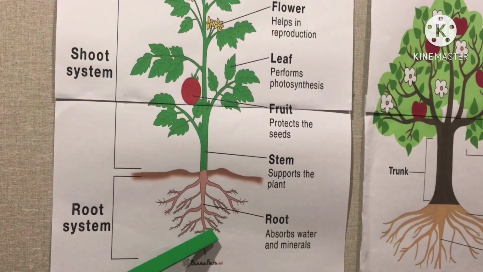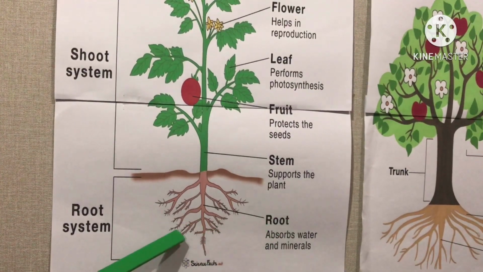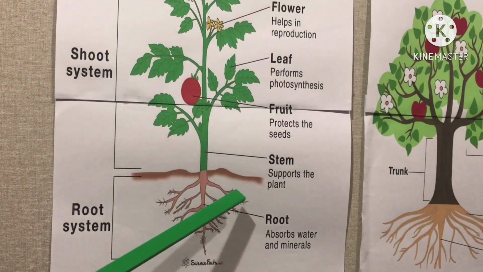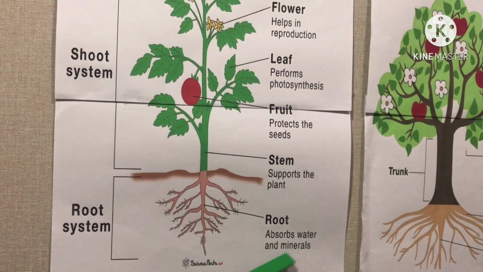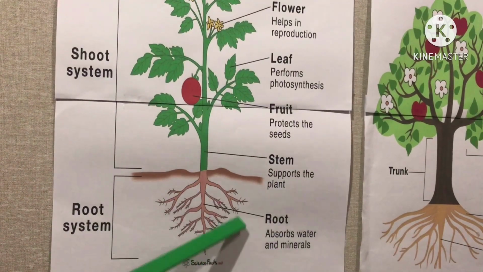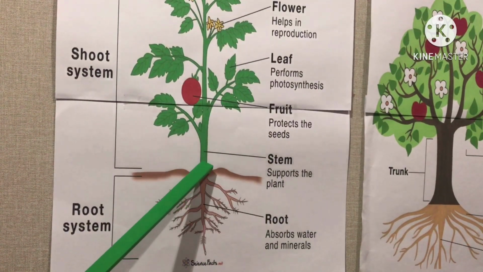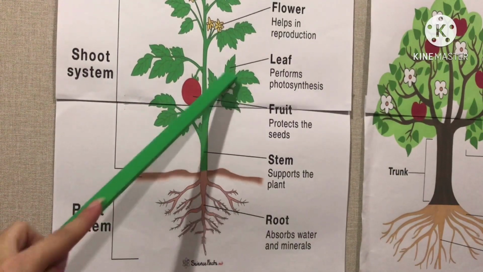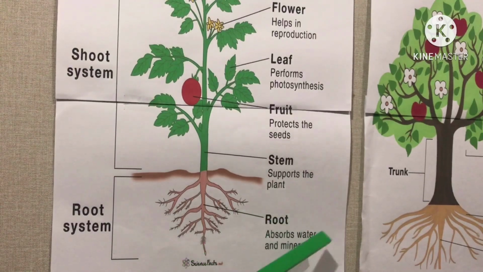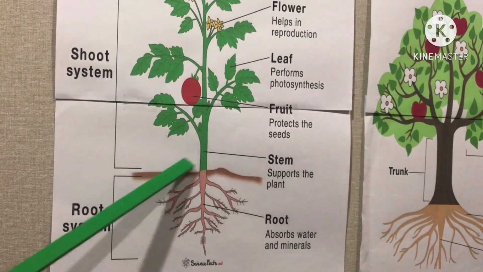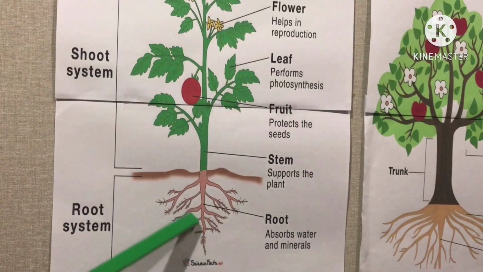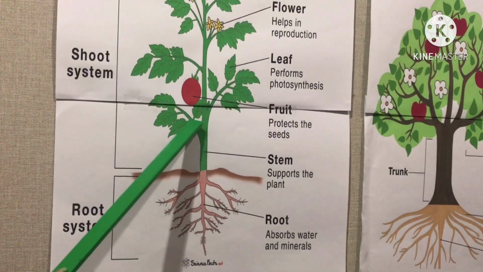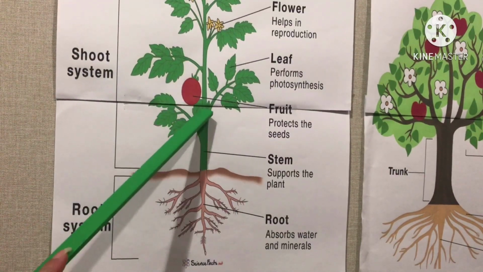Plants get water through their roots. This is how they get minerals too. From the roots, the minerals travel to the stem and to the leaves.